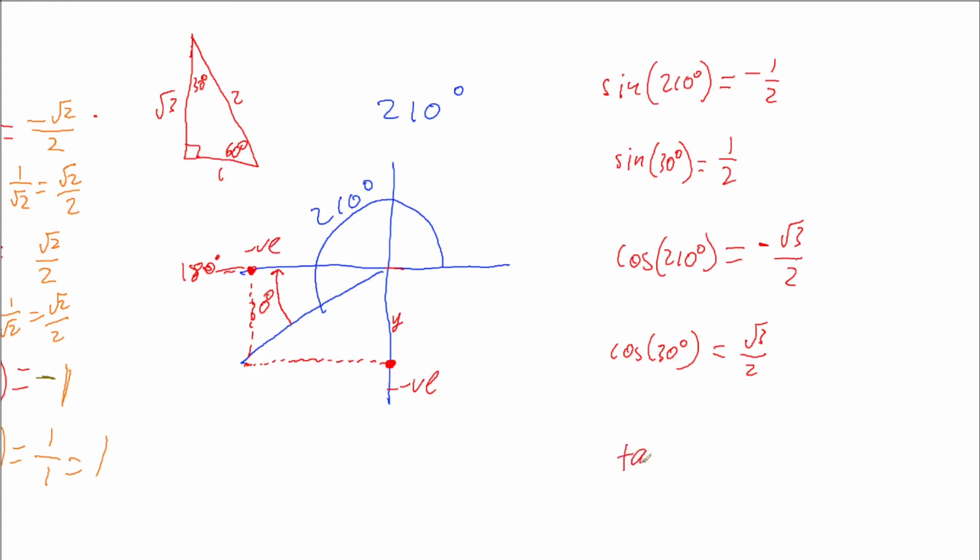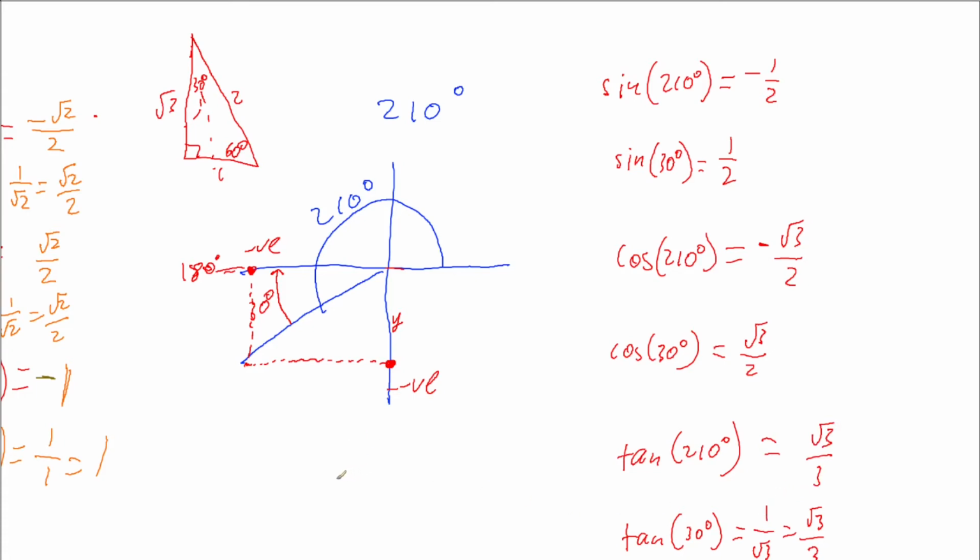And having a look at tan of 210 degrees, well, tan of 30 degrees is, the opposite side is 1, the adjacent side is √3. So we have 1/√3, or if it's rationalized, that's √3/3. So I know my value for tan is going to be √3/3. I just need to know, is it positive or is it negative?